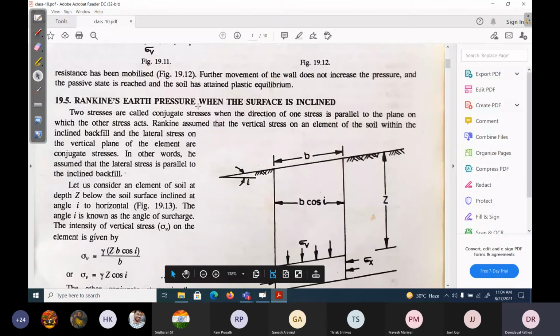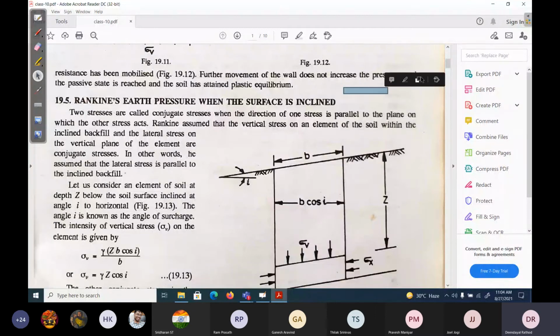So here is Rankine pressure when the surface is inclined. I'm just not able to write it. Hope you are able to see it. Here, look at this one. The inclined surface is also given; it is lengthy. I just request you to go through this. Plane surface is very important.